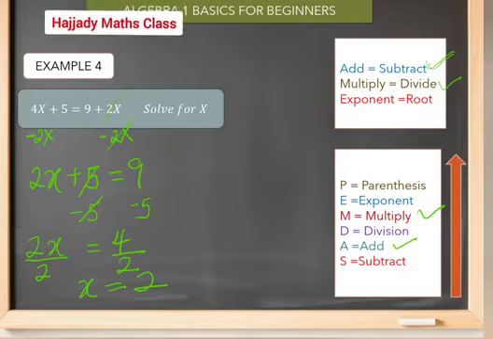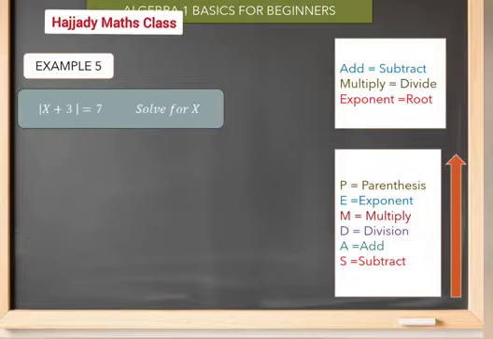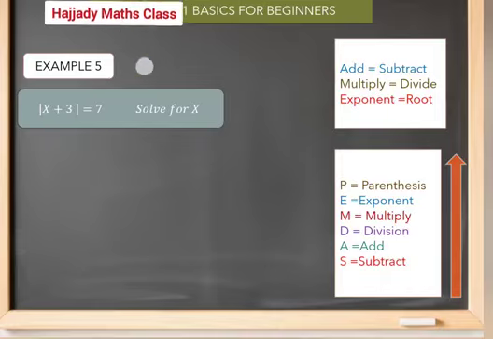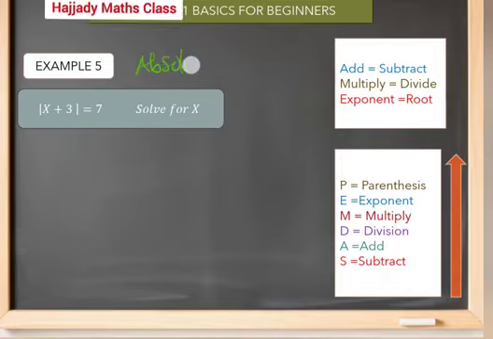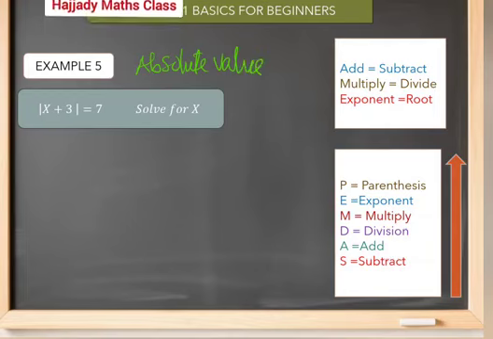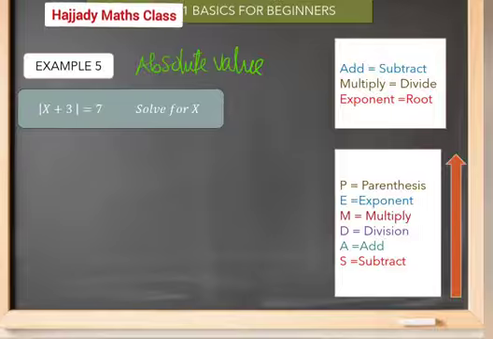Next, we move to example 5. In example 5, here we have something called the absolute value. The absolute value. How does that work? When you have absolute value, we are interested in the positive and the negative of that value.